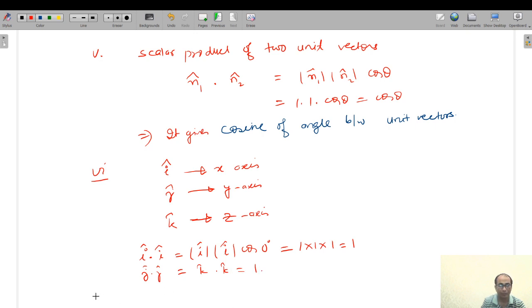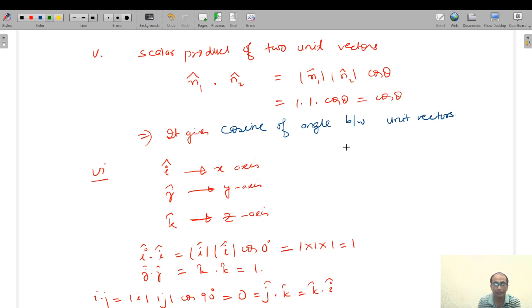Fine. How about i dot j? This is equal to i j cos of 90 degree, because i is along x-axis and j is along y-axis, and cos 90 is 0, so it will make this entire expression 0. So i dot j is equal to 0. Likewise, j dot k is also 0, and k dot i is also 0. So this is important to note.